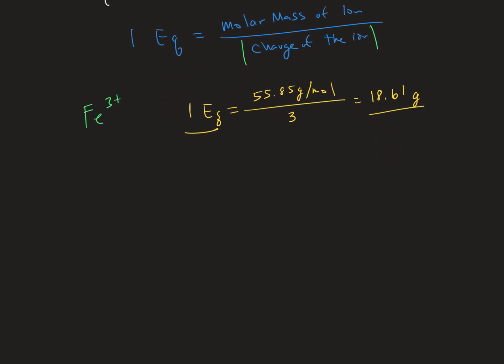So it's just a conversion factor, 18.61 grams per equivalent. And that's what it is for iron 3 plus. If we did a different ion, we'd have to figure that out. Molar mass divided by its charge.